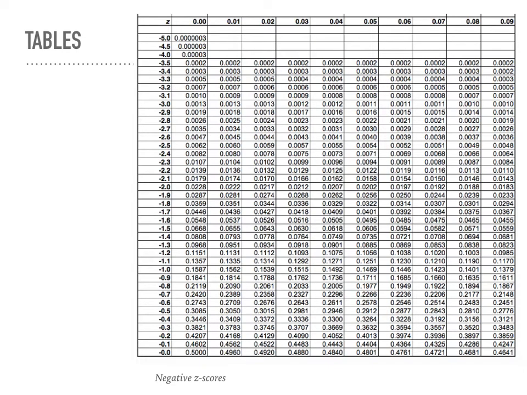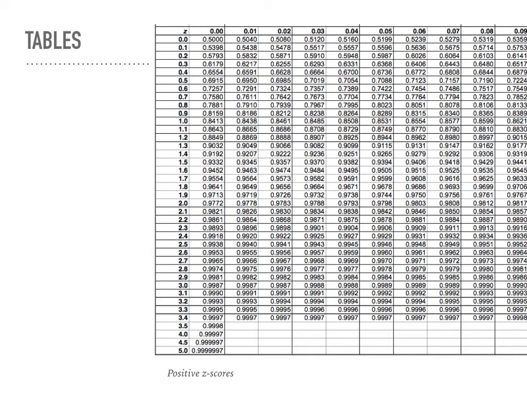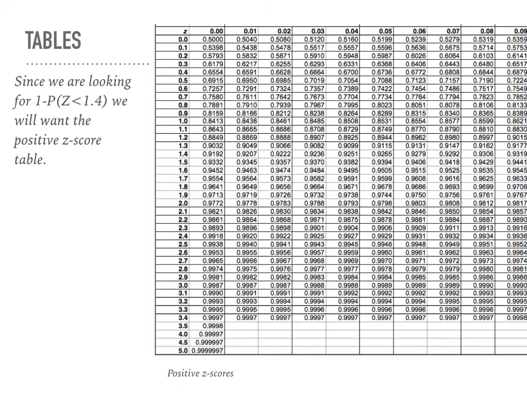Since we are looking for 1 minus the probability z is less than 1.4, we want the positive z-score table. While the negative table is useful, it's not what we need this time. Here's the positive z-scores.